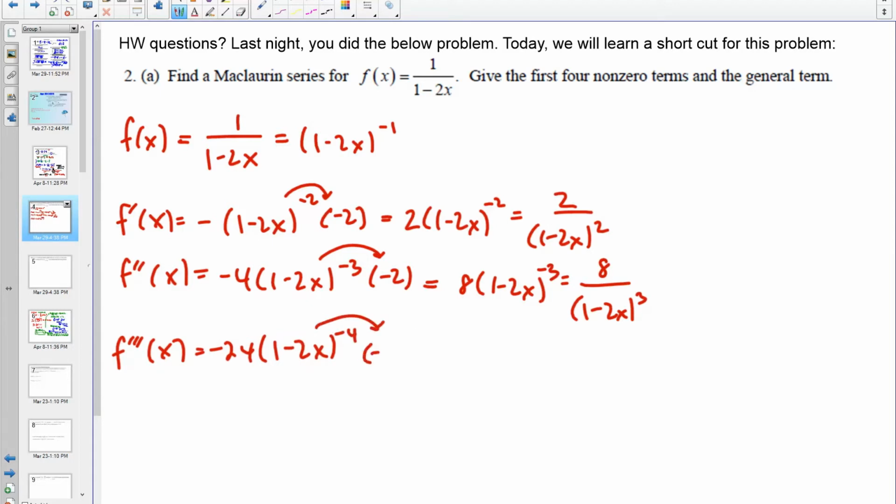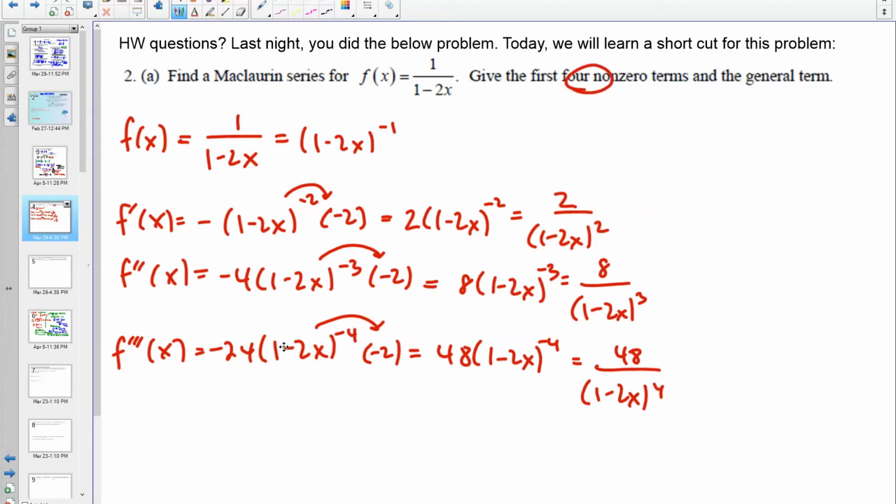Don't forget to multiply by the derivative of the inside. That was a positive. So what I get here is 48 times 1 minus 2x raised to the negative 4, which is really 48 over 1 minus 2x to the 4th power. And here they said 4 non-zero terms.